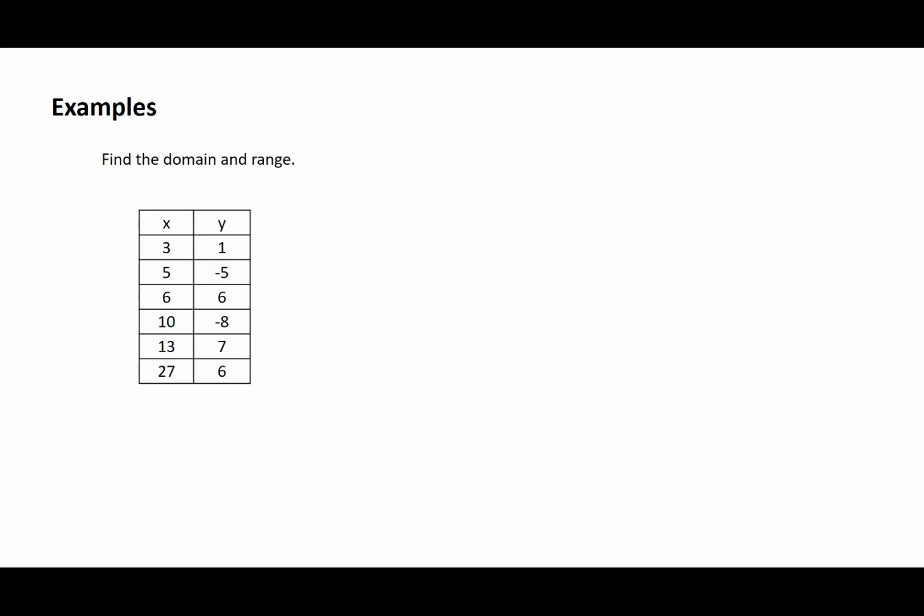Here's an example. Find the domain and range. Very simply, domain, we said, is the x, and range is the y. So domain, remember your squiggly brackets, and then you're just going to list your values in numerical order. 3, 5, 6, 10, 13, and 27.